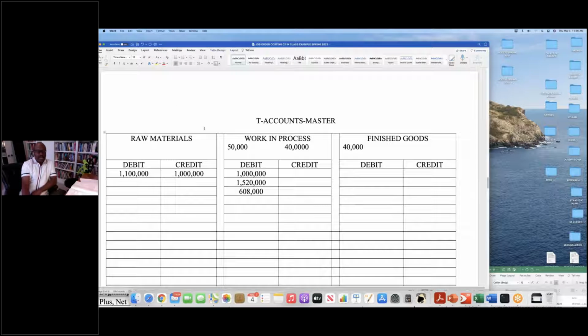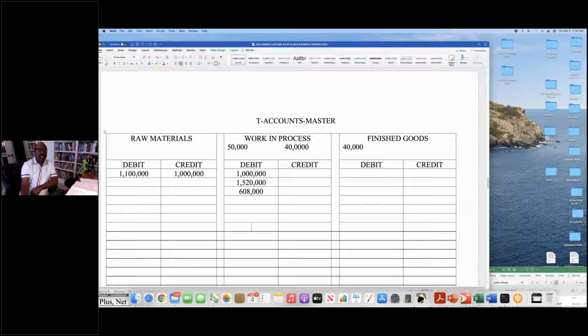So the question becomes, how much of these costs are we going to transfer for the 40,000? What's our total cost at this point on the debit side? Are you waiting for us to answer? Because it's group 4. So what are you asking again?